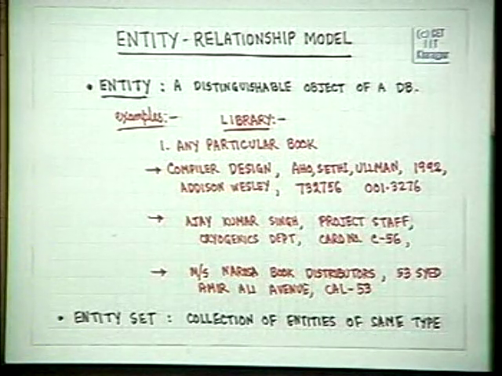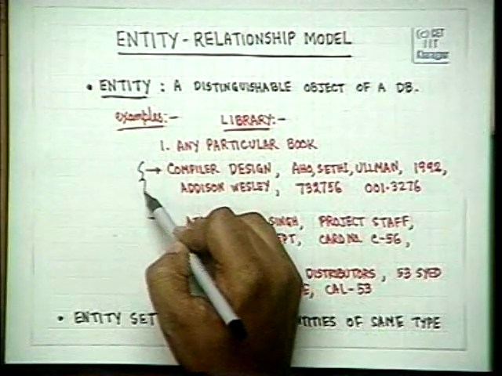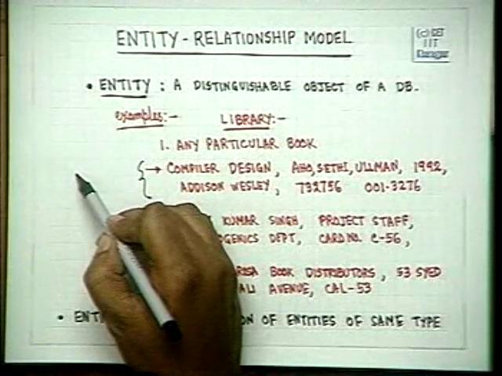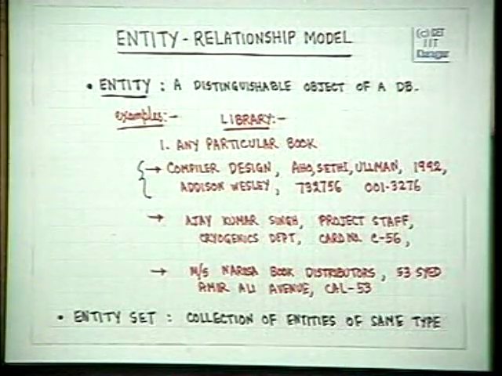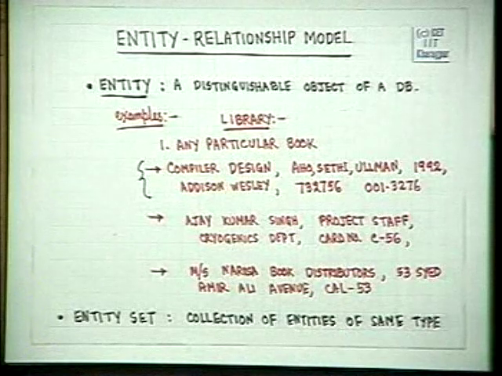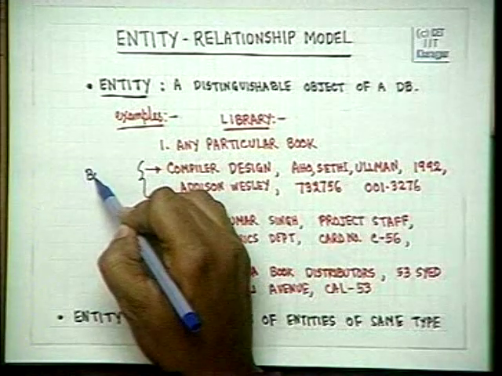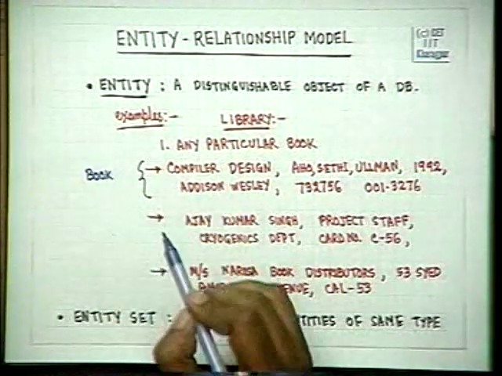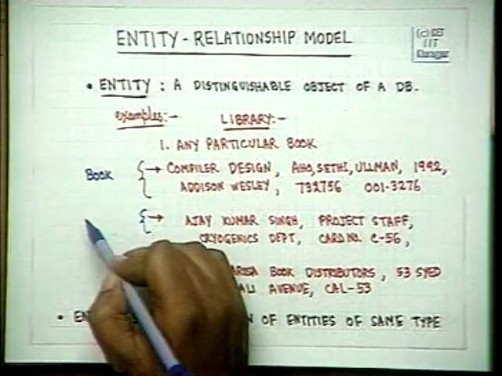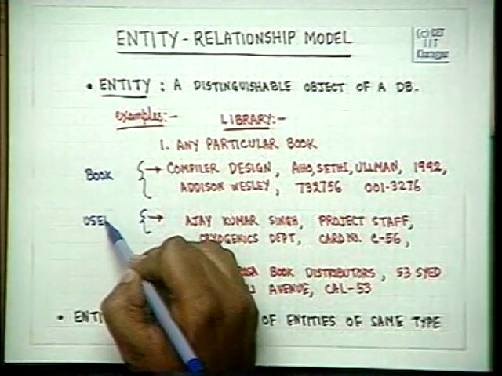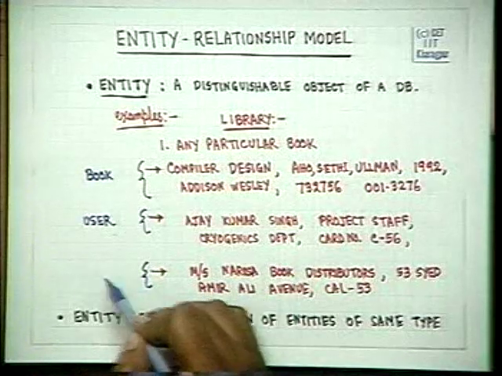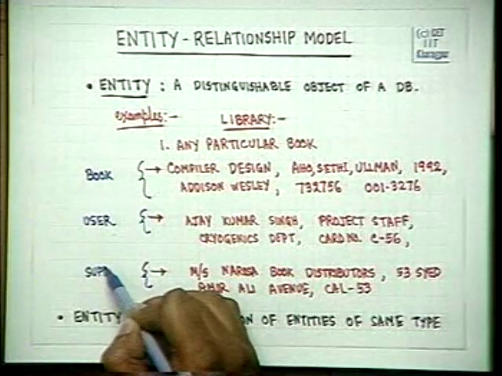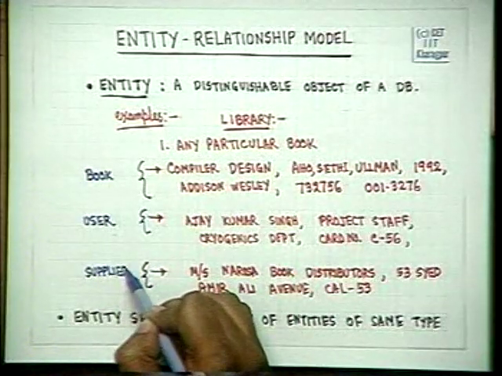Therefore, we have here maybe an entity set book, another entity set user, another entity set supplier, and so on.